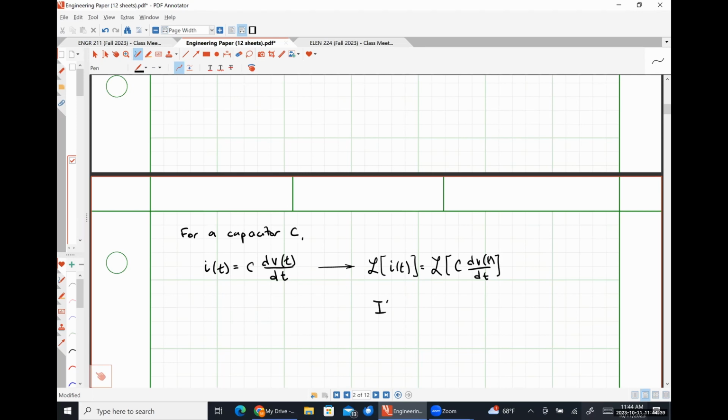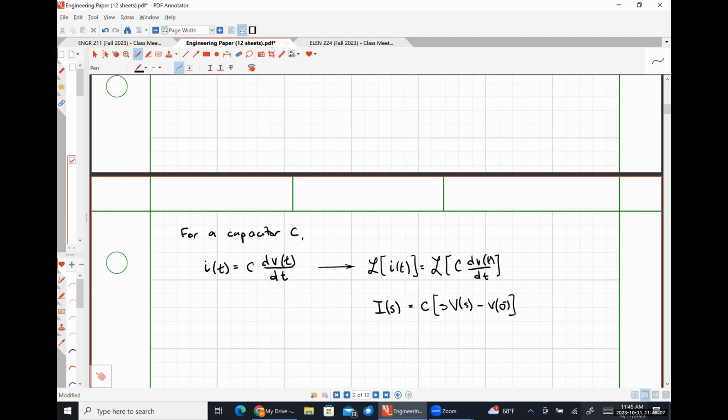So this is going to look like I of S is equal to C times S V of S minus V at 0 minus. Okay.